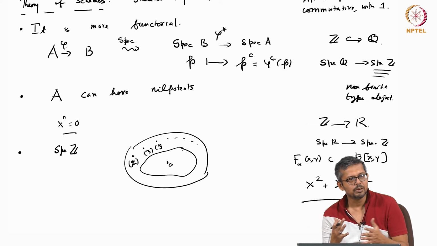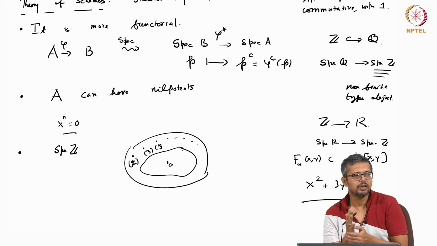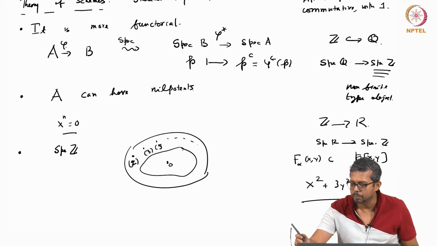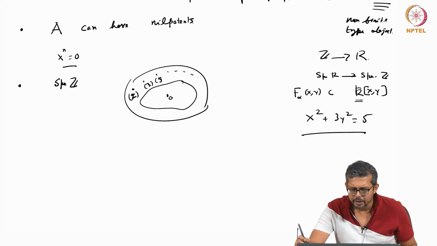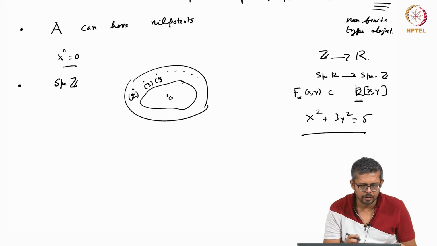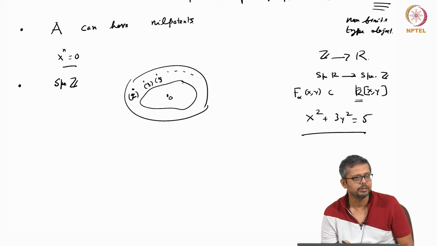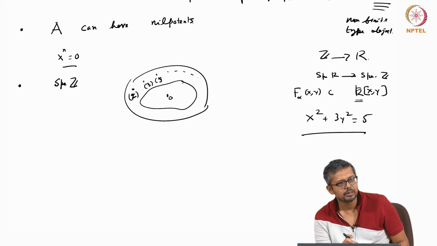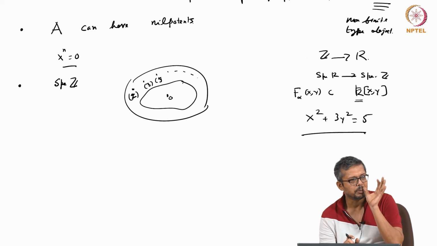So this concept is very important, that you have some concept of generic point. Actually, in Spec A, every irreducible closed subset has such a point. One point is there, which is the generic point.